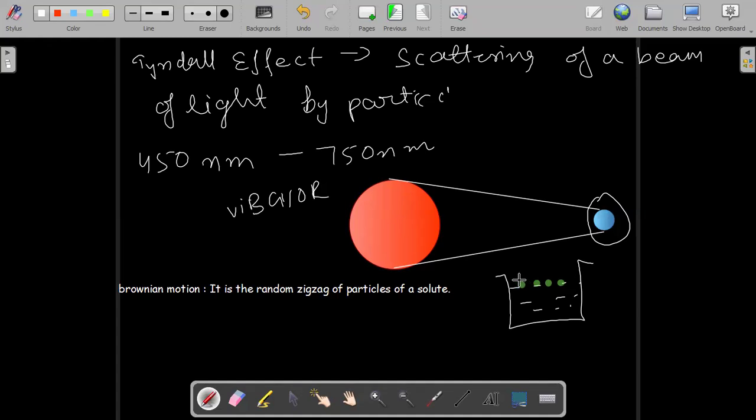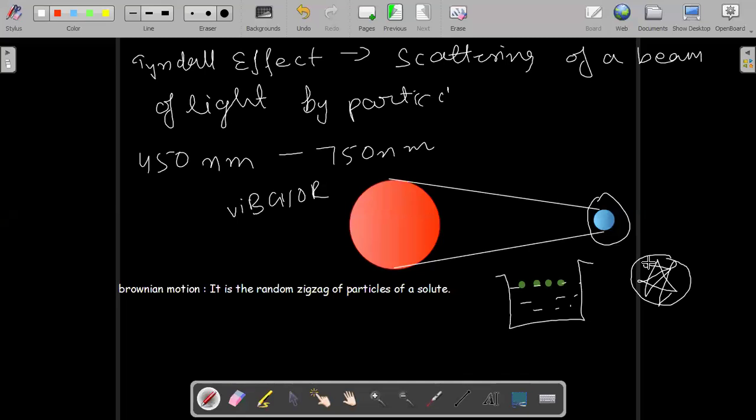He observed it for a very long time, the same thing even after about 1 day, 2 days. Every day he observed that the pollen grains are continuously moving in zigzag fashion, with no change and no fixed path. So this motion of the particles is called Brownian motion.